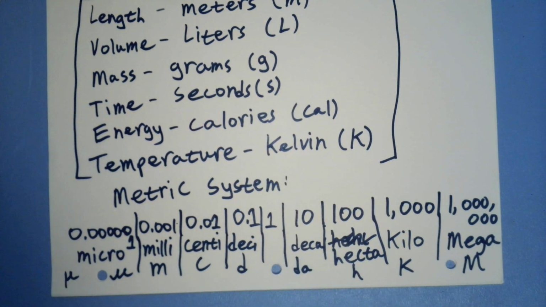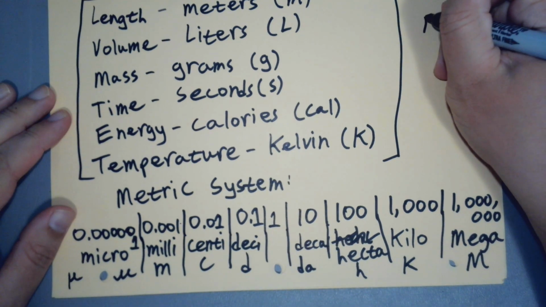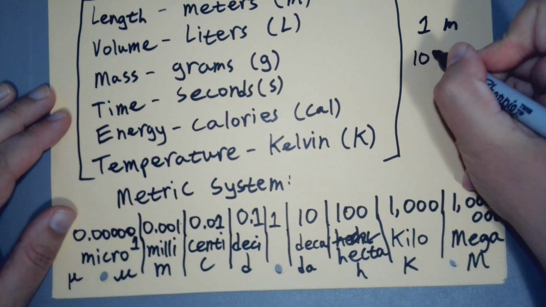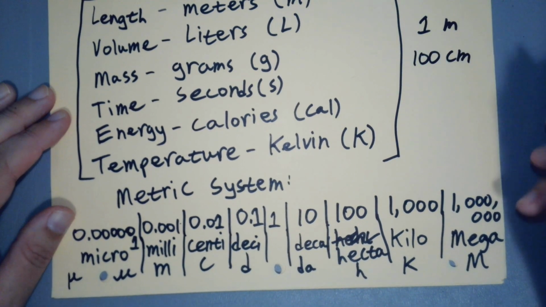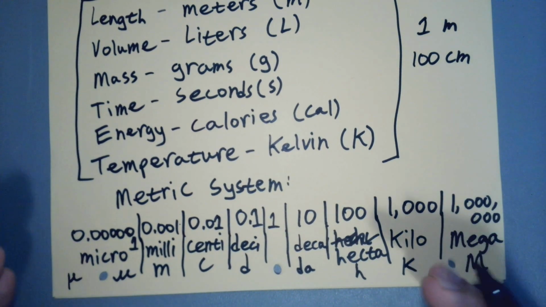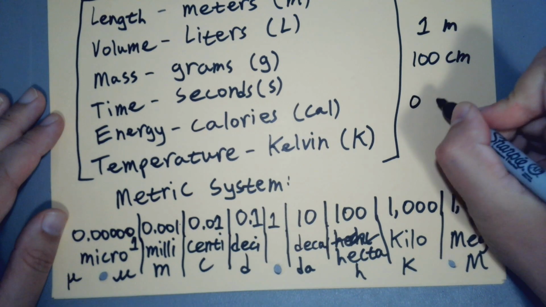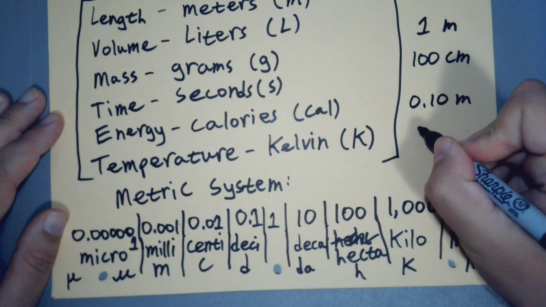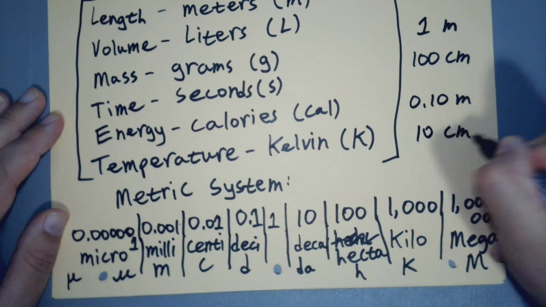And so we can look at this and go, oh, I could have 1 meter, or I could say that that's 100 centimeters. And where this is really beneficial is, well, what if I have a tenth of a meter? Well, I could say I have 10 centimeters.